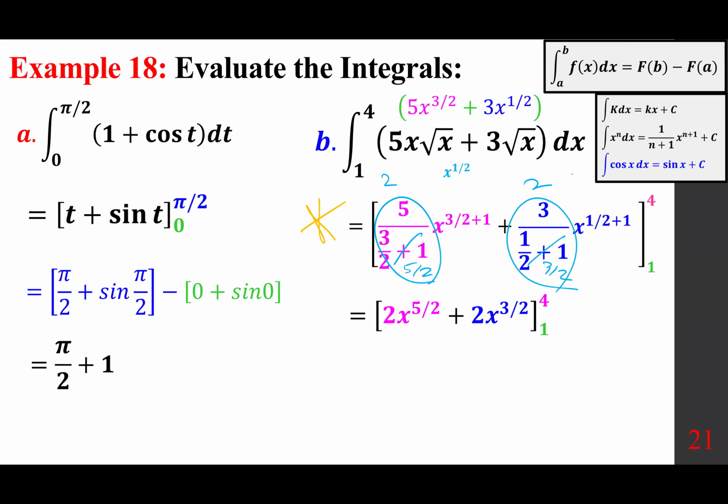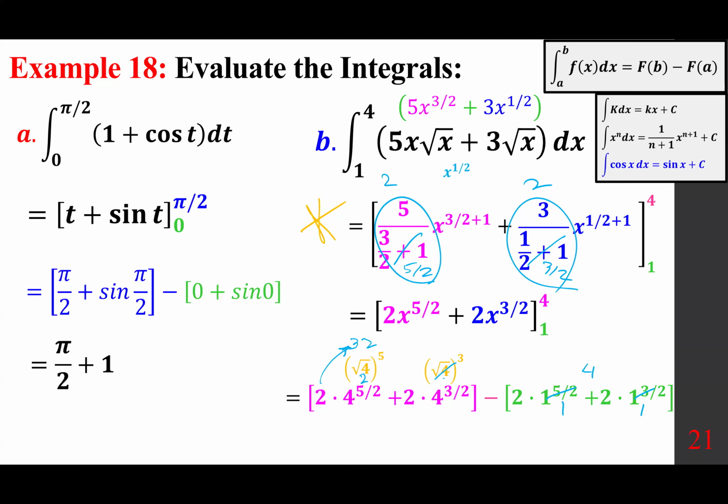Now we're going to put in number 4 minus, we're going to put in number 1. So we are going to evaluate. First, let's just get rid of this. It's 1, and this entire thing is 4. Then 4 to the power of 5/2 means square root of 4, 2 to the power of 5 is 32. 2 times 32, 64. 4 to the power of 3/2, 2 cubed, 8. 2 times 8 is 16.